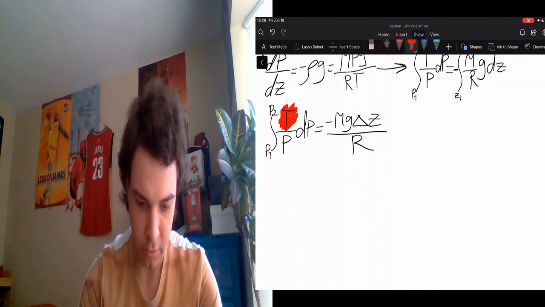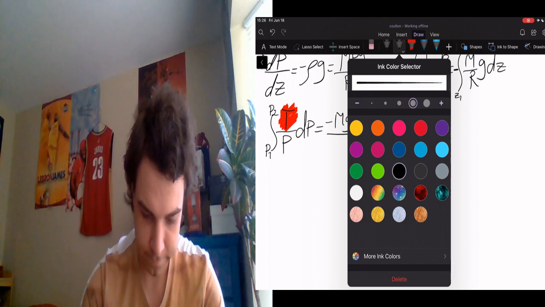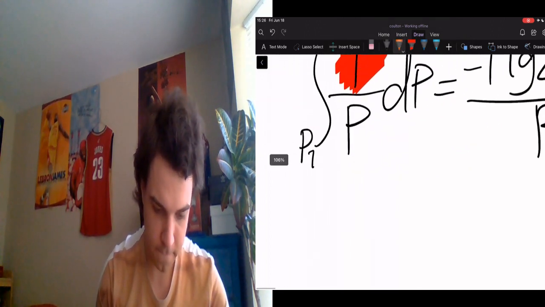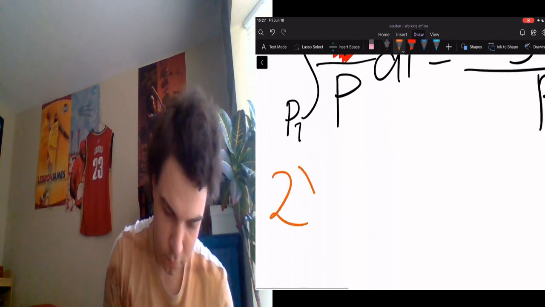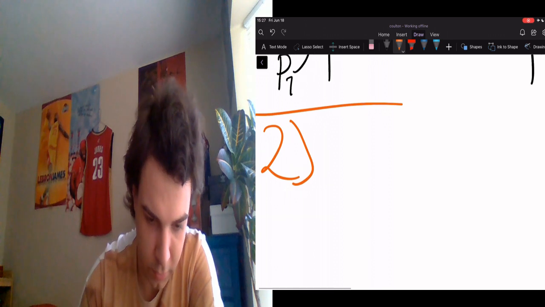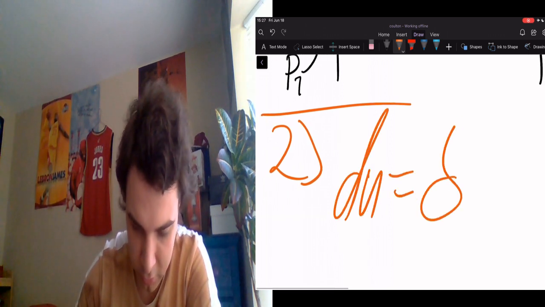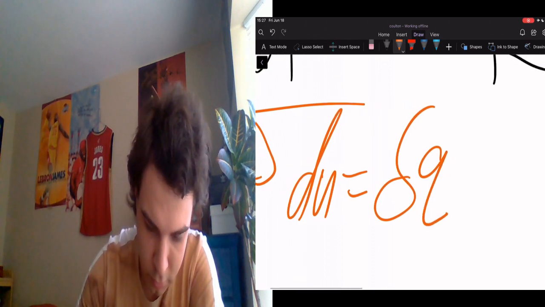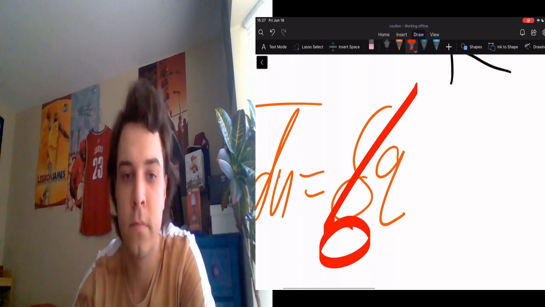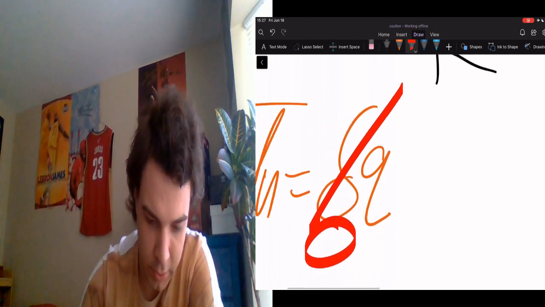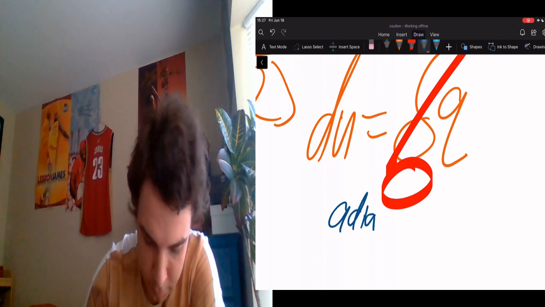So then the second thing we're going to do here, take our second equation, du equals delta Q, which goes to 0, because adiabatic.